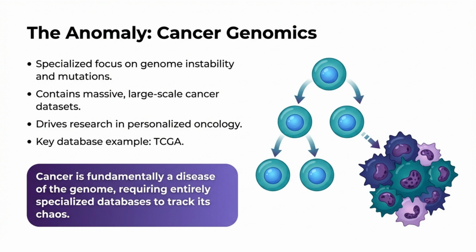Resources like TCGA collect large-scale data across many tumor types, including genomic, transcriptomic, epigenomic, and clinical information. This allows researchers to study cancer not just as one disease, but as many biologically distinct subtypes. If you look at the slide, the key message is that cancer genomics databases help decode the molecular chaos of tumors.